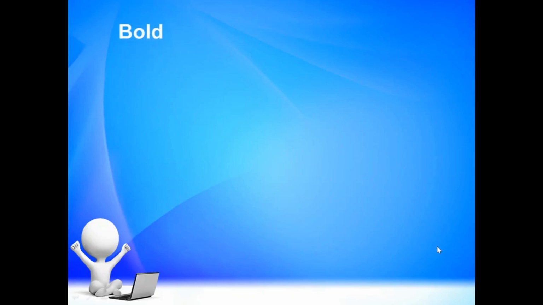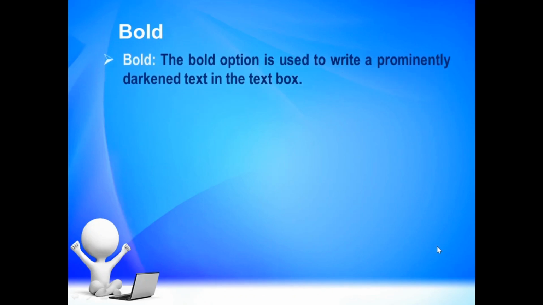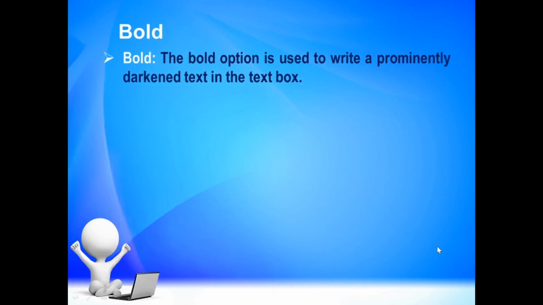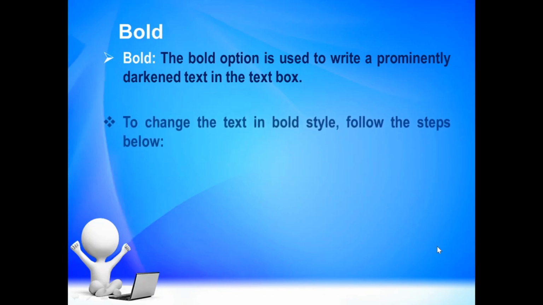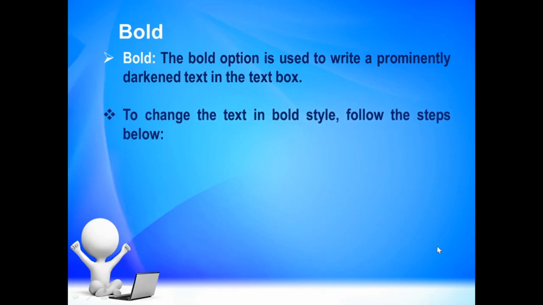Now bold. The bold option is used to write a prominently darkened text in the text box. Bold, you can see this option generally in the text toolbar. To change the text in bold style, follow the steps below.